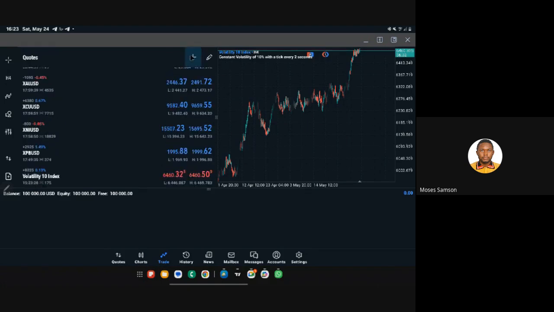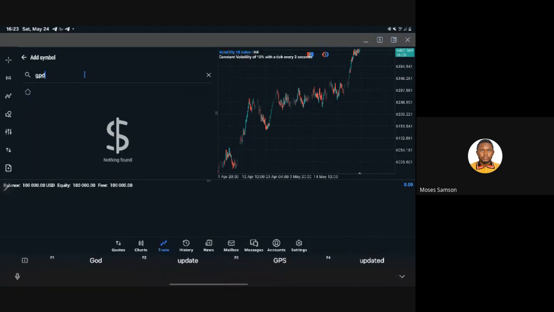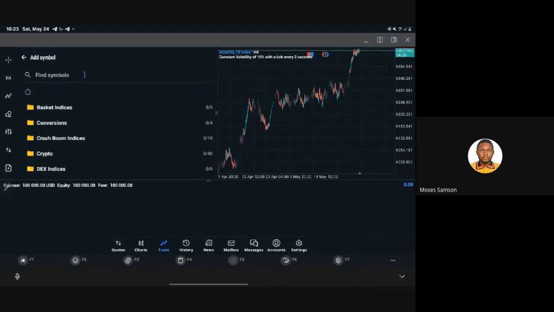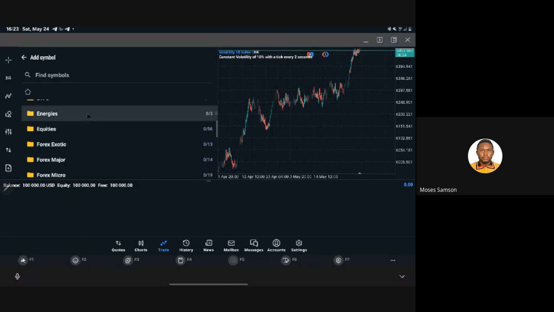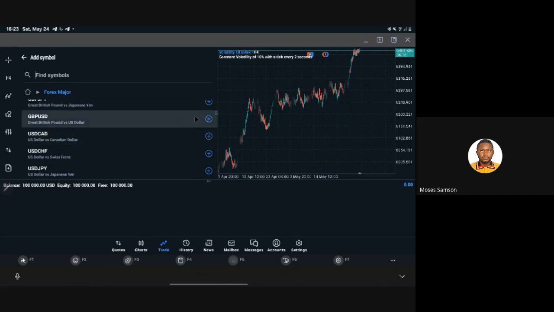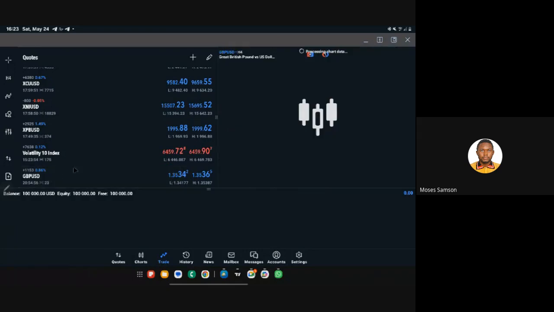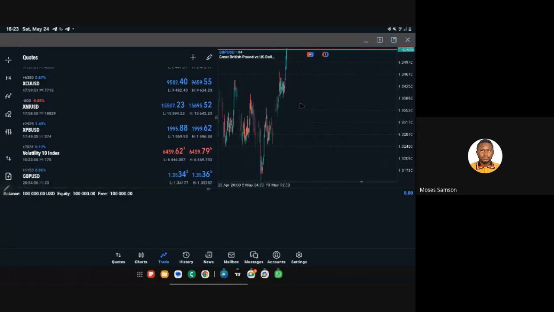Let's say you're looking for your GBP USD, you search GBP, or instead of searching, you can come to Forex Major and you would find your GBP USD here. We have the exotic pairs, we have the major pairs. The major pairs are paired with USD. So you come here, you click add. By the time you add, scroll down, you'd see your GBP USD and it will open up the charts.